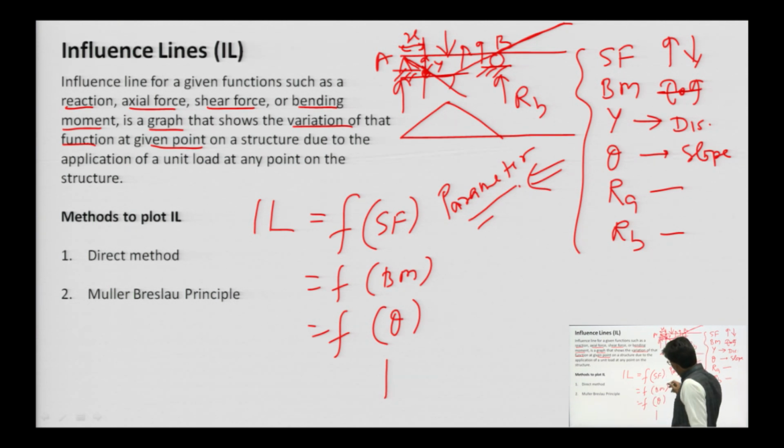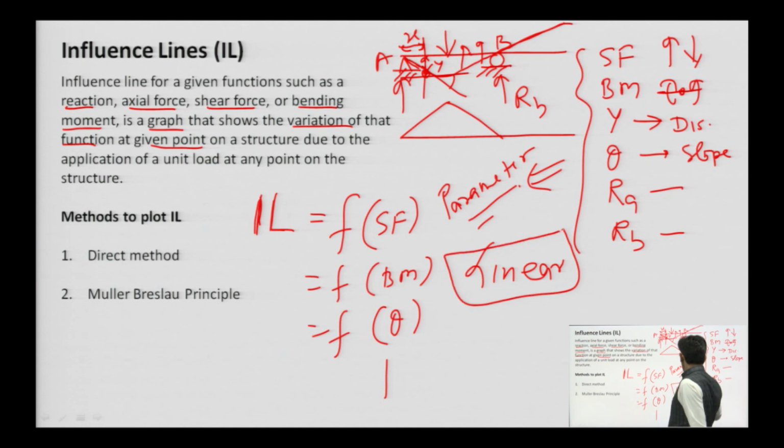In the case of a determinate structure, this variation of the influence line with the parameter is linear. Determinate structure means static indeterminacy is 0, and then it is linear.